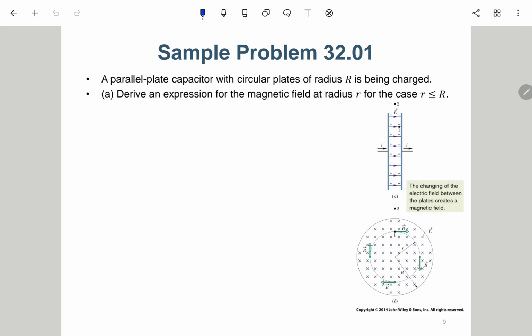Here we only have a change of electric flux, so we can simply consider Maxwell's law. The line integral of B dot ds is mu naught epsilon naught d phi e dt.